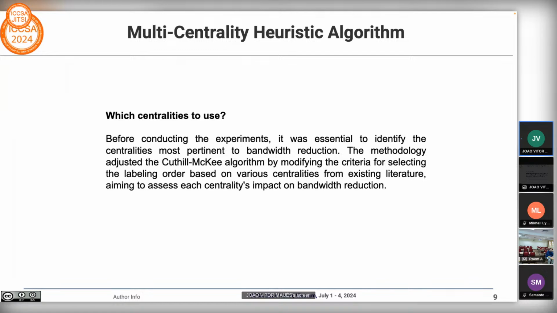Before conducting the experiments, it was essential to identify the centralities most pertinent to bandwidth reduction. The methodology adjusted the Cuthill-McKee algorithm by modifying the criteria for selecting the labeling order based on various centralities from existing literature, to assess each centrality's impact on bandwidth reduction.